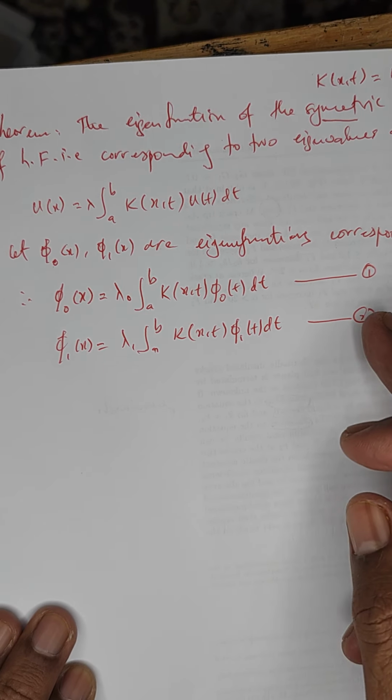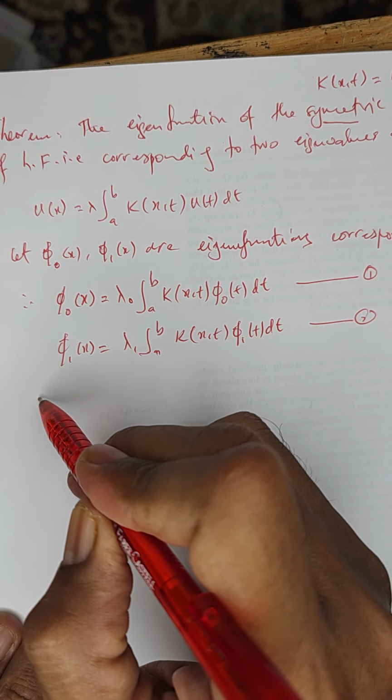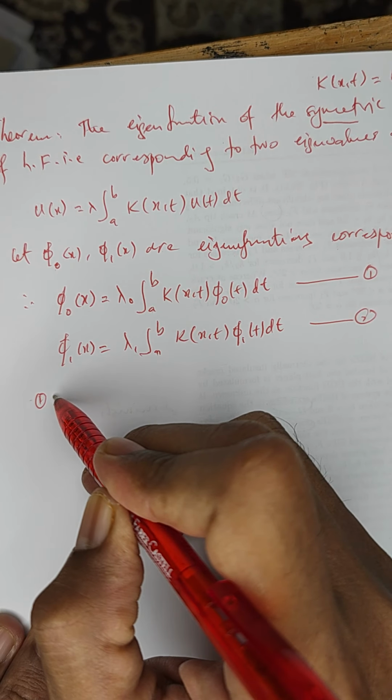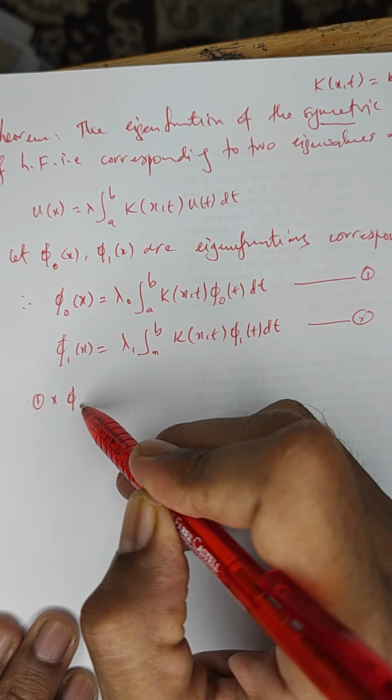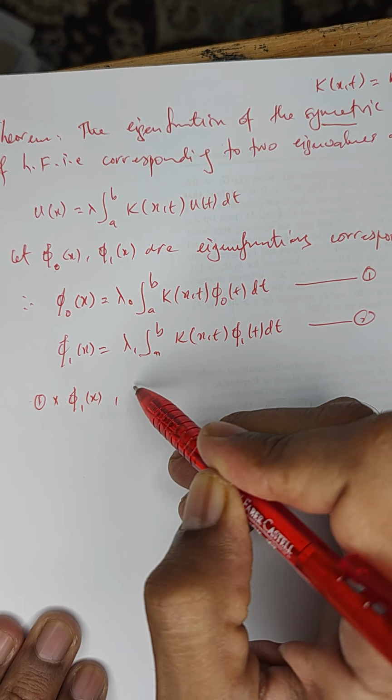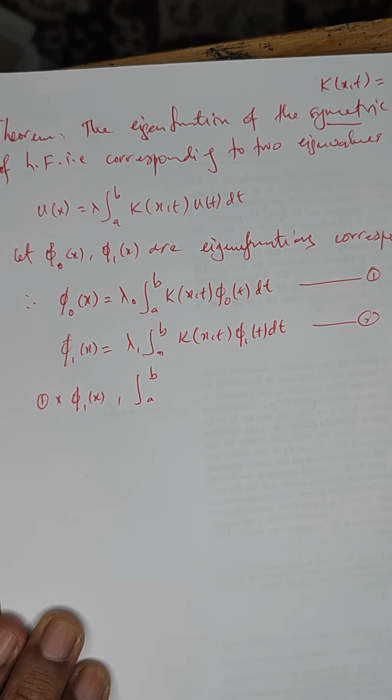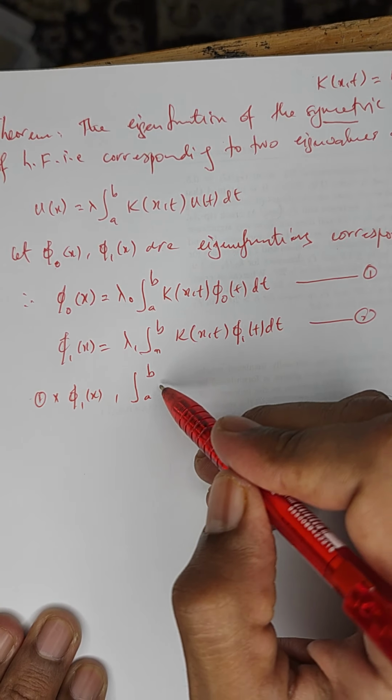Now, in order to prove this, we multiply equation 1 with phi1 x and then we integrate from a to b with respect to x.